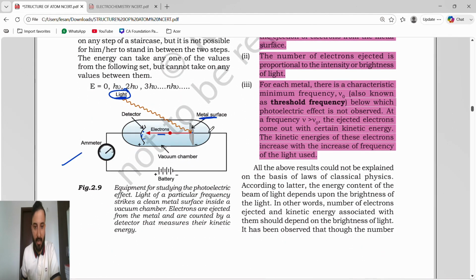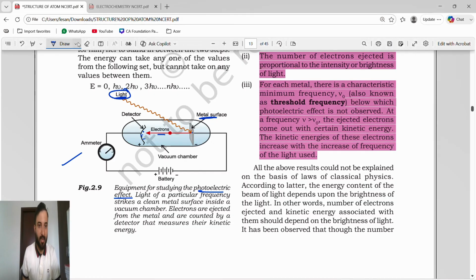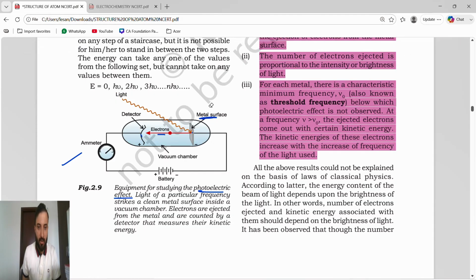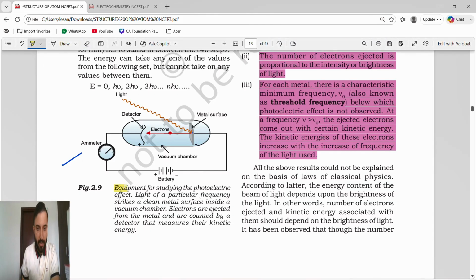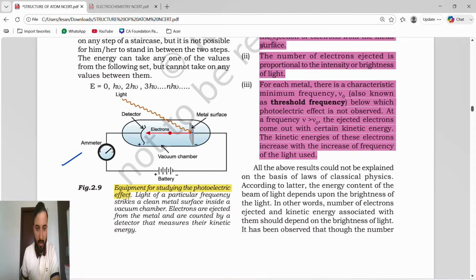You have to draw this cathode ray diagram for the photoelectric effect. Make the diagram, okay? I will underline this important equipment for setting up the photoelectric effect.